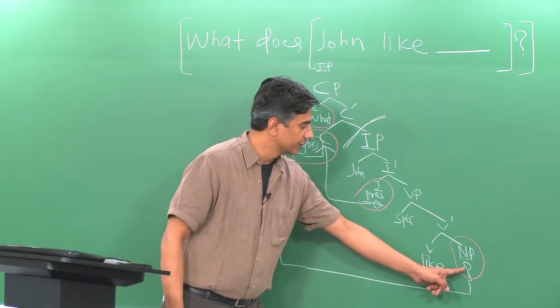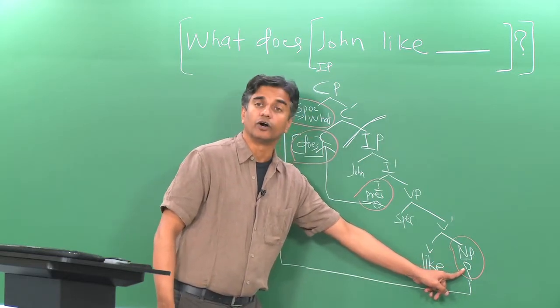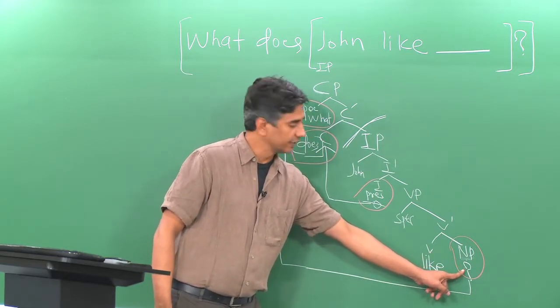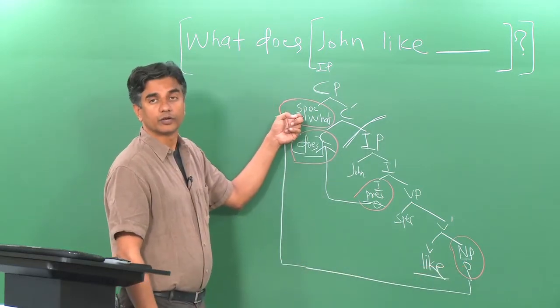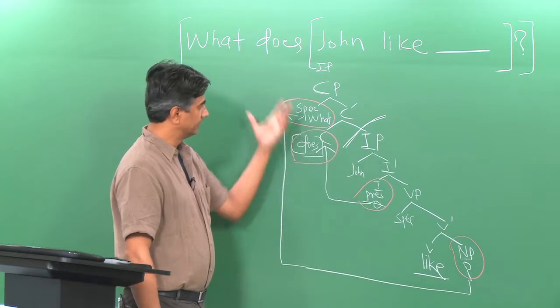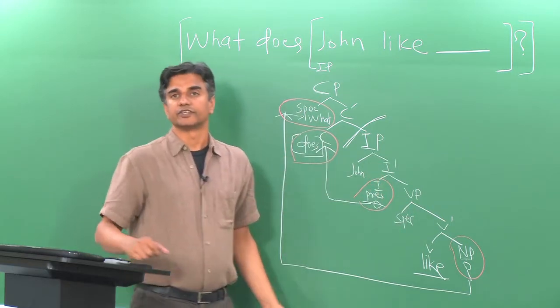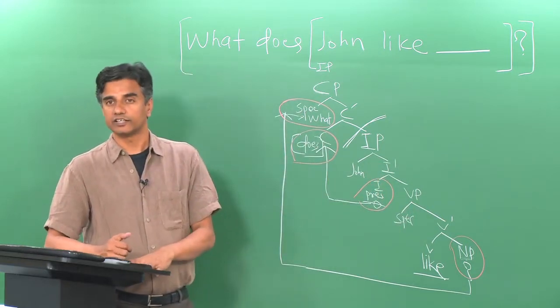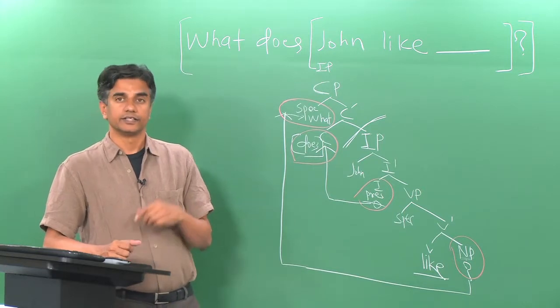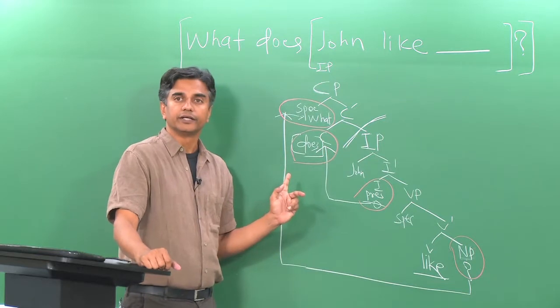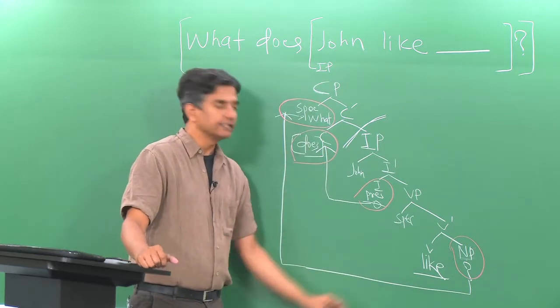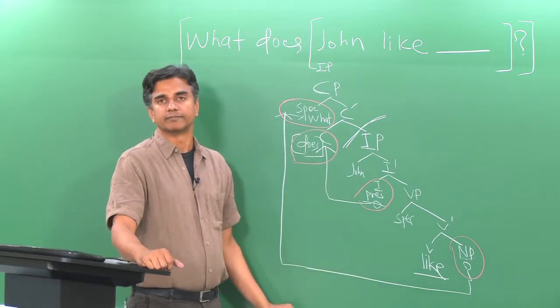This is called NP movement or WH movement, where this NP, when questioned, comes in the form of a question word, and this is how it gets represented. So the motivation is language internal, and the places are outside IP, and we clearly see an example of displacement.